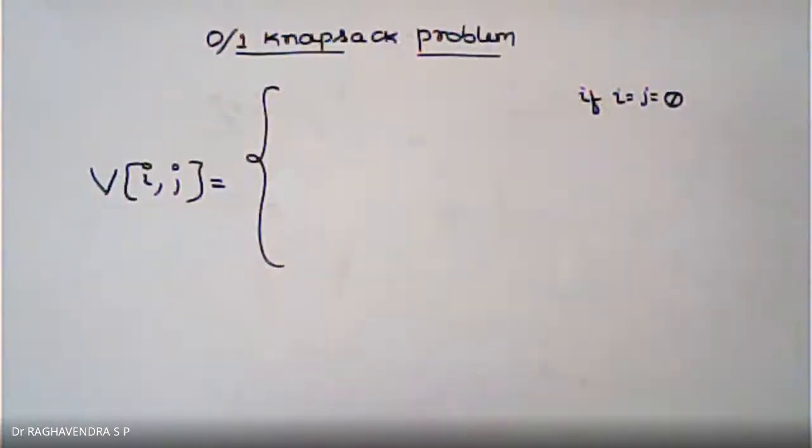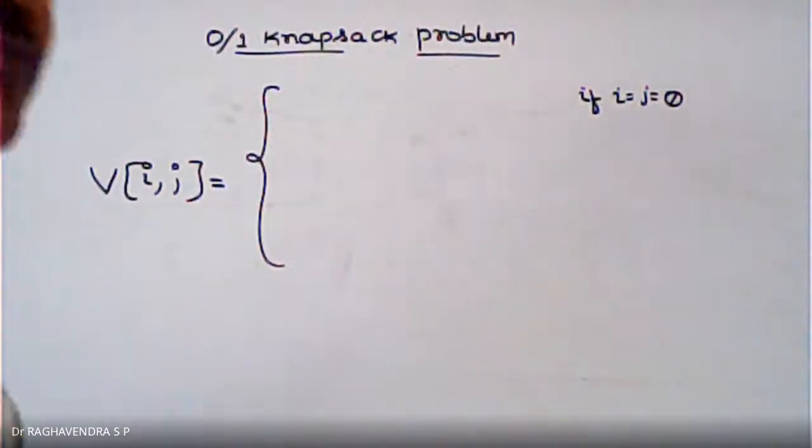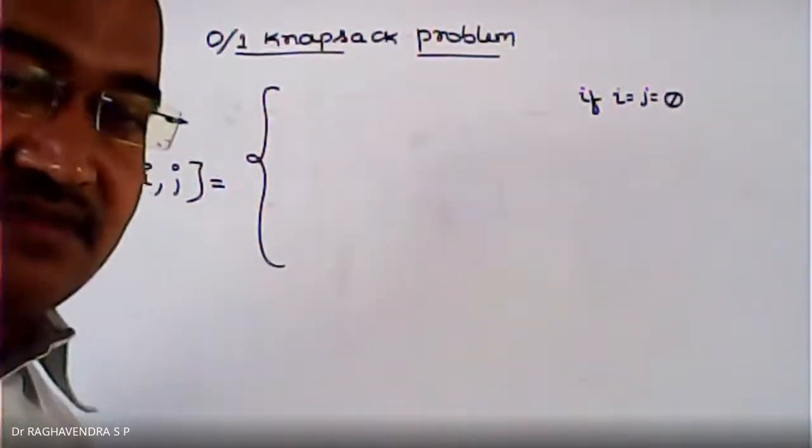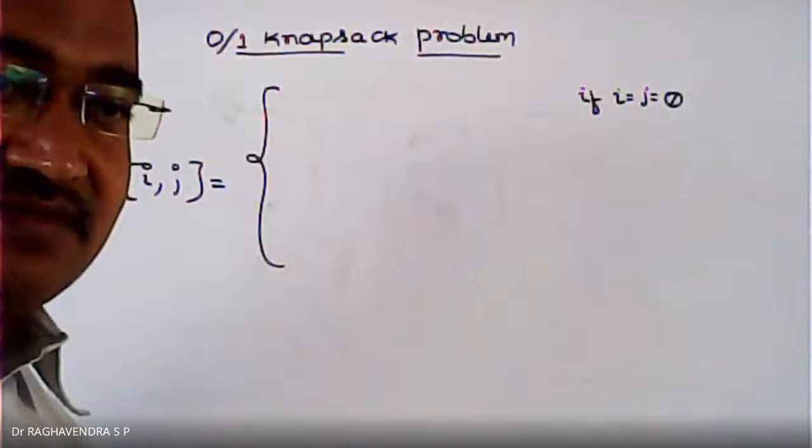Number of items is equal to 0, that is, no item can be inserted, right? There is no item to be inserted. Yes or no? Okay, j is equals to 0, what does it mean? J means the remaining capacity.